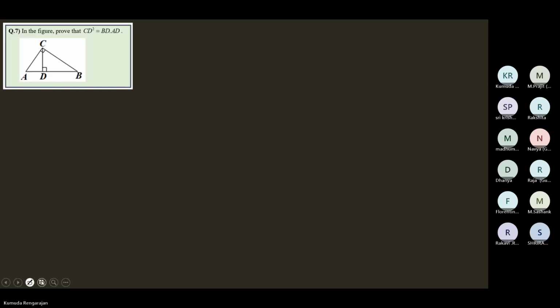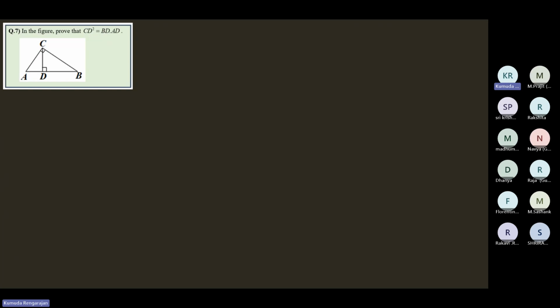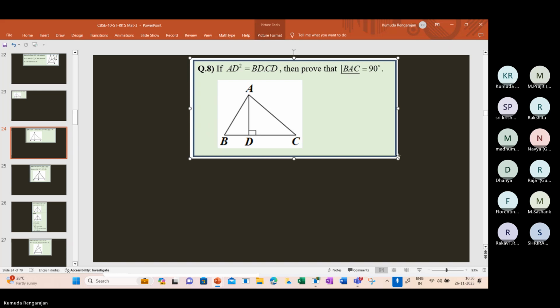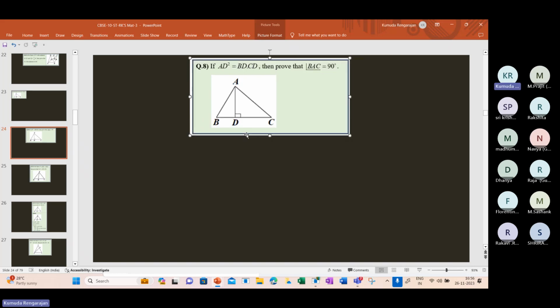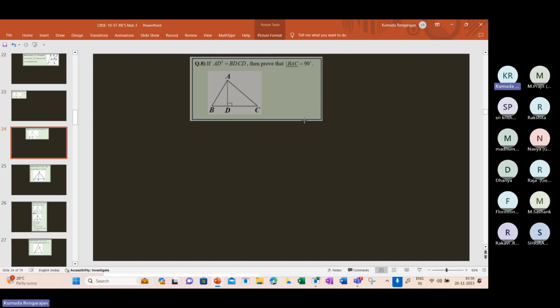So in the figure, prove that. Oh, this is different. Okay, fine. Let's do this first. No, I wanted to actually do this, children. I'll do this and come back to that one. I wanted to do a question similar to what we just did.